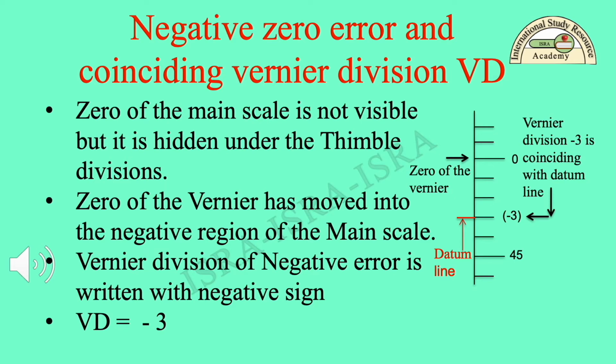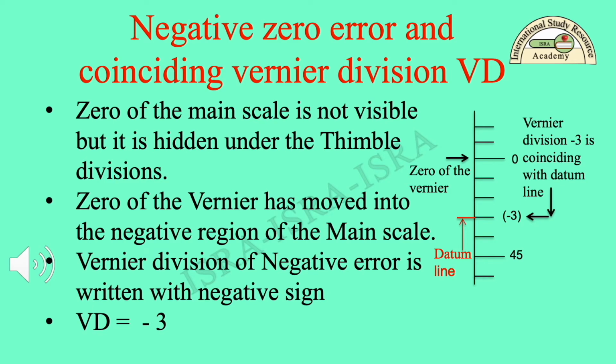In this diagram, the coinciding division is equal to 3. You will write it as -3 because you are counting downward towards the datum line, as this micrometer diagram has negative zero error. Vernier division of negative zero error is written with negative sign as VD equal to -3.